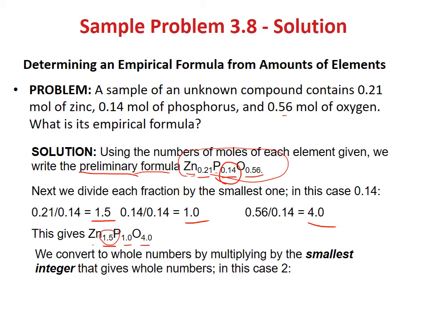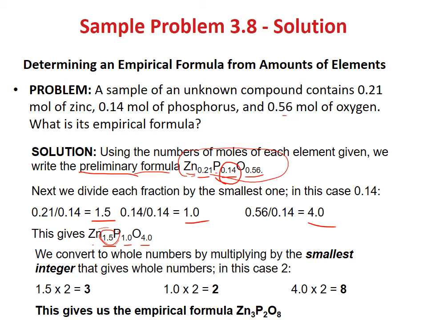In this case, for 1.5, you need to times 2. Smallest integer is 2, and so 1.5 times 2 is 3. But don't forget, if 1.5 times 2, other numbers also times 2. So 1 times 2 is 2, 4 times 2 is 8. So that gives you the empirical formula.